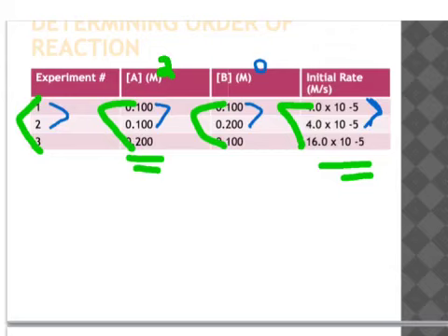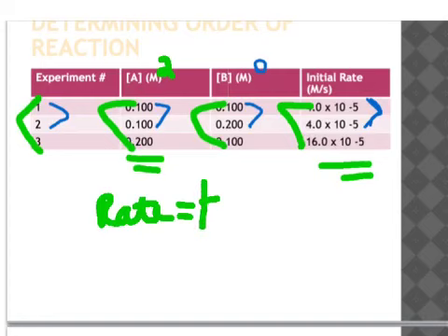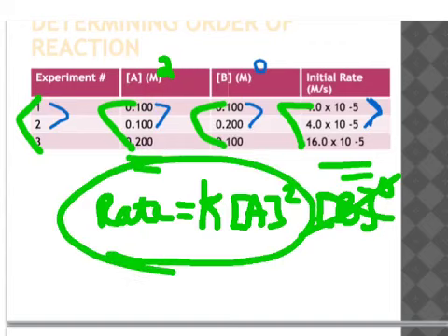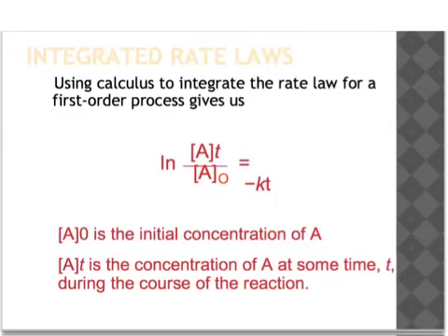And so when we write the rate law for this, we would write rate is equal to the rate constant times the concentration of A squared times the concentration of B, which is zero order, and since the concentration of B is not affecting the rate at all, this would be our rate law for that particular example.